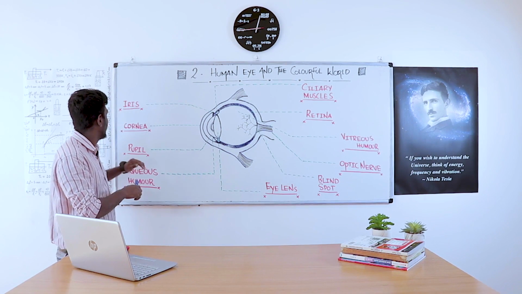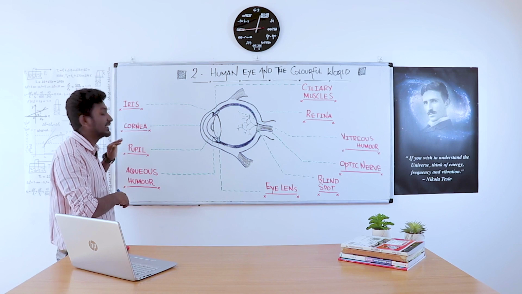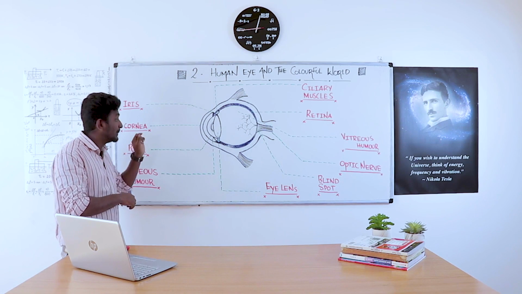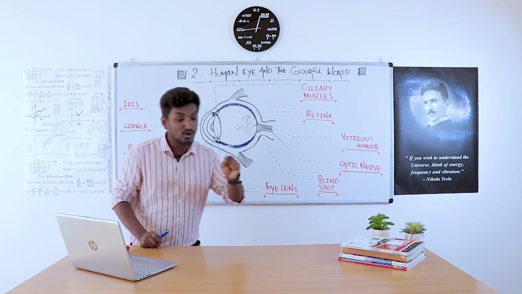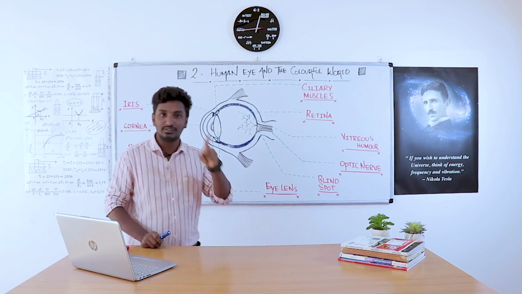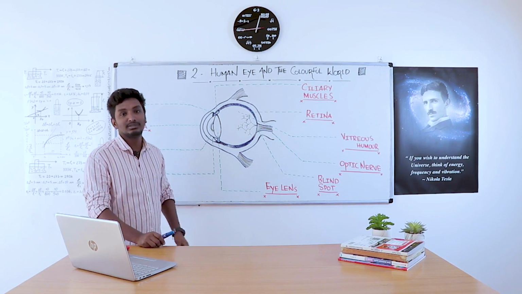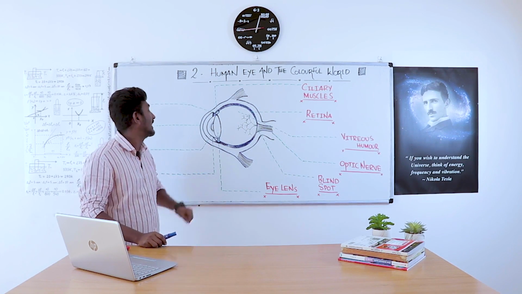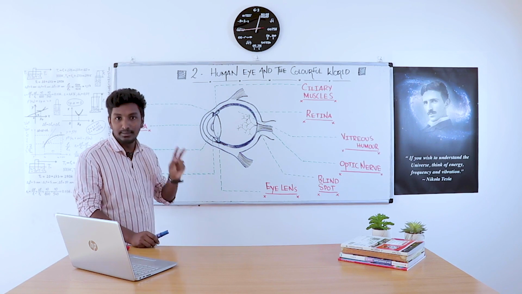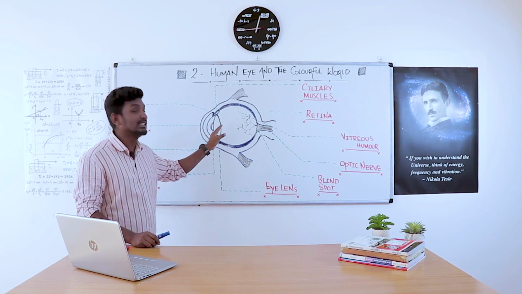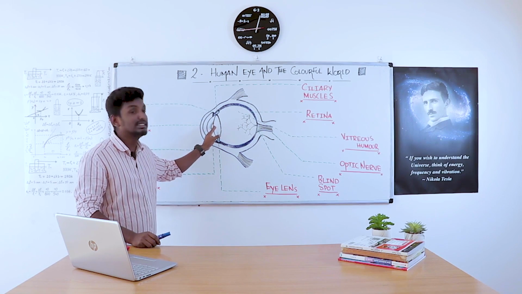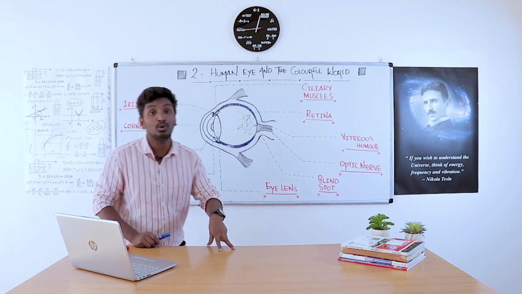Next is pupil. What is pupil? Pupil is a small hole in the middle of the iris. Second point, light enters the eye and reaches the eye lens through this pupil.